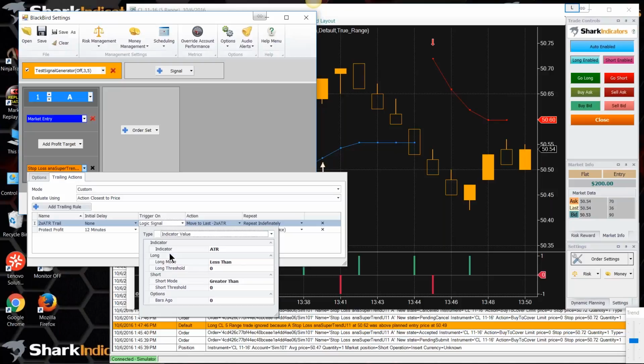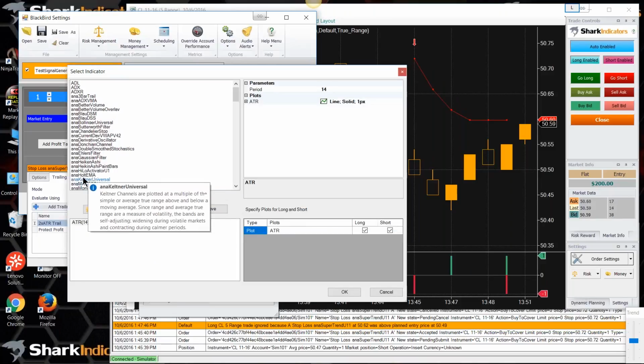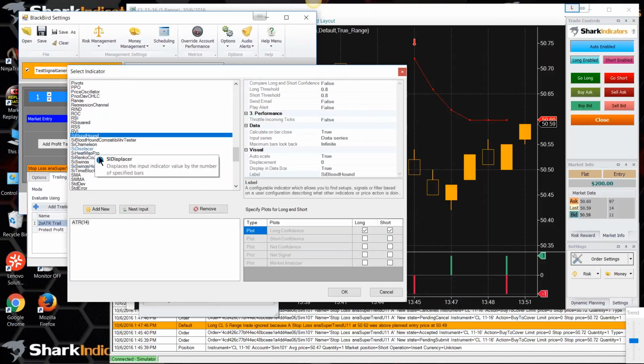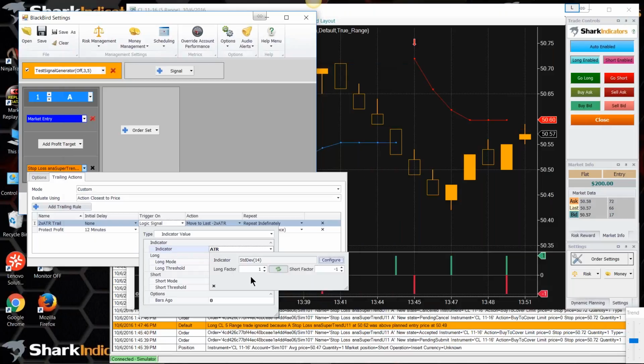or you could wait for some kind of an indicator value. For example, we had the standard deviation indicator up. You could say, wait until the standard deviation gets to some value. Okay, so there's our standard deviation. And once again, with an indicator, I could apply a long factor or short factor, basically a multiplier.